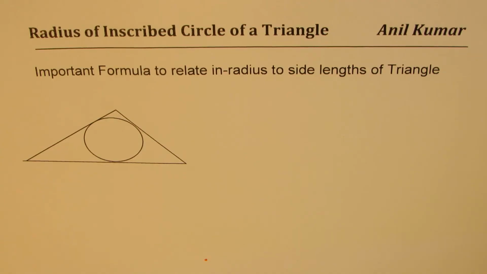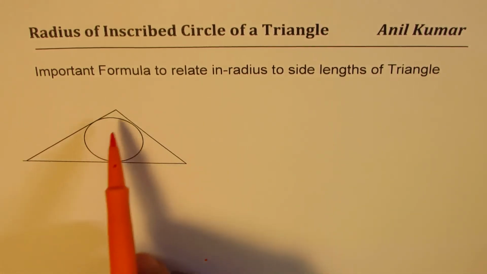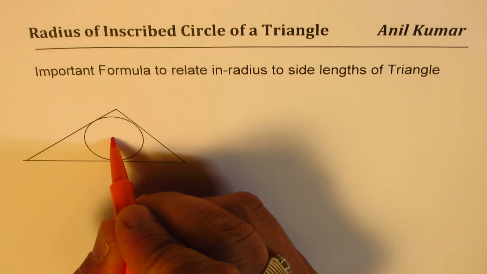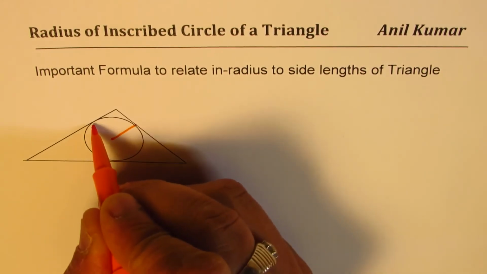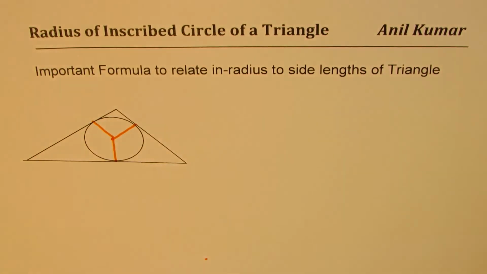Here we are going to describe and derive a formula between inradius and the sides of the triangle. When I say inradius, that means we have a circle inside a triangle, inscribed in a triangle, and inradius is the radius of this circle, which is inscribed, right? So that is the radius which we are talking about.